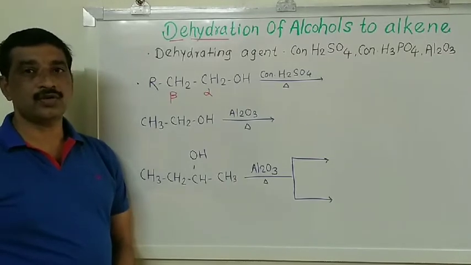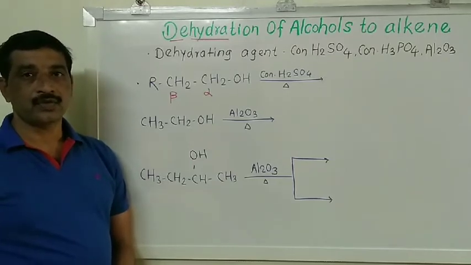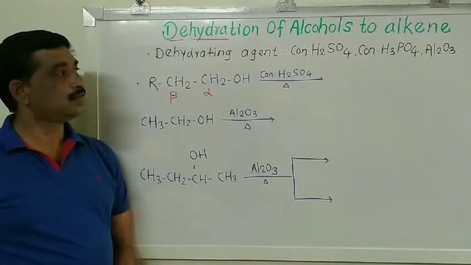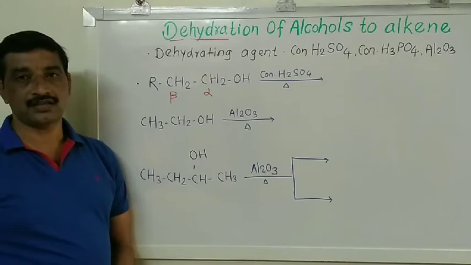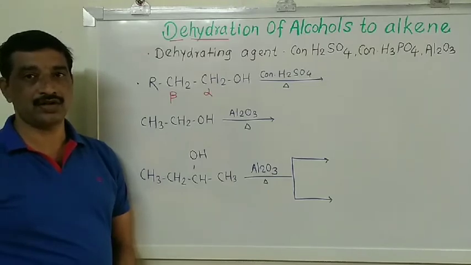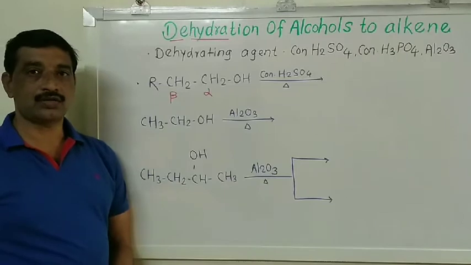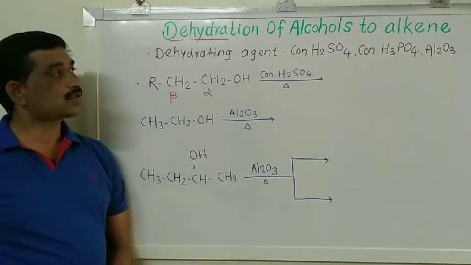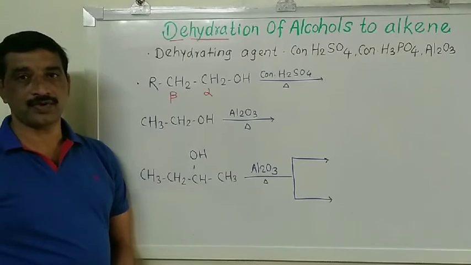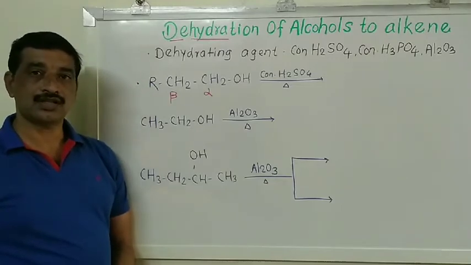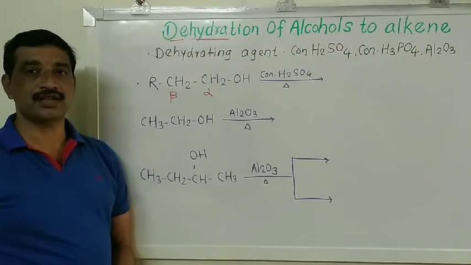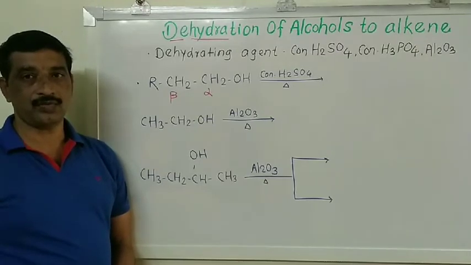The dehydration of alcohols is possible when alcohols are heated strongly with concentrated sulfuric acid, concentrated phosphoric acid, or a dehydrating agent such as anhydrous alumina, that is Al2O3. So in short, alcohols on heating with concentrated sulfuric acid, concentrated phosphoric acid and alumina as a dehydrating agent give the corresponding alkenes, and this reaction is known as dehydration of alcohols.